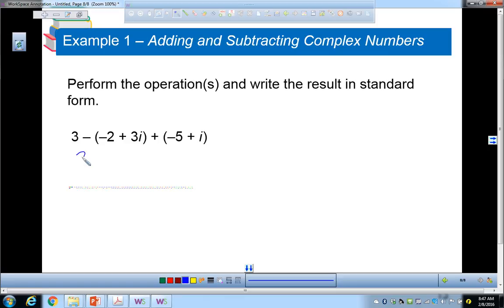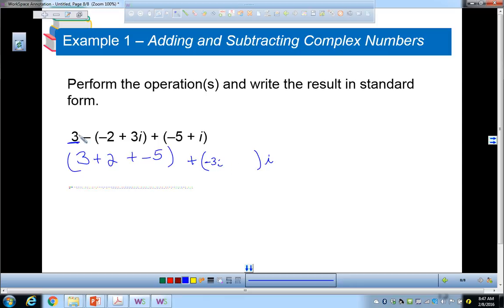So you have the 3 plus 2 plus negative 5 would comprise all your real parts, right? This minus minus, I distributed that through, plus negative 5. Plus the imaginary part, I'm going to put an i over here. What goes in front of the i? Negative 3i, right?